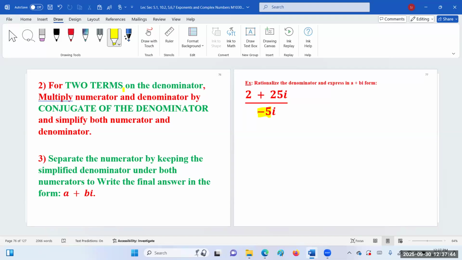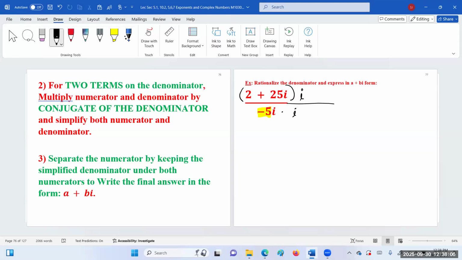So negative 5 doesn't give us any problem. So what is giving us a problem in the denominator? Only the i. So we just need to get rid of the i. So we multiply both numerator and denominator by the problem, i.